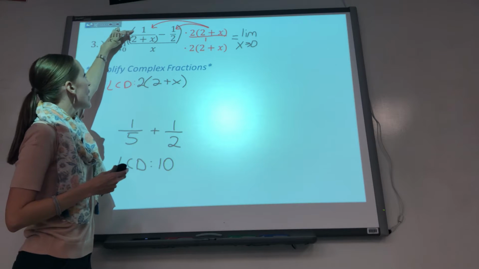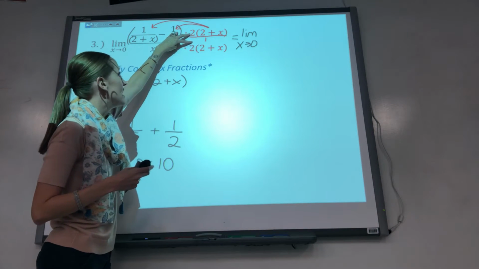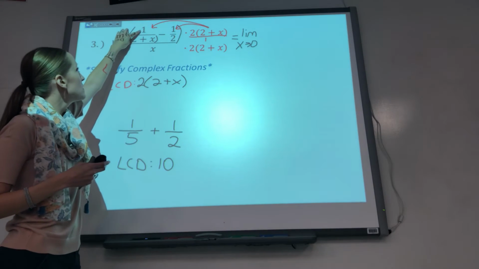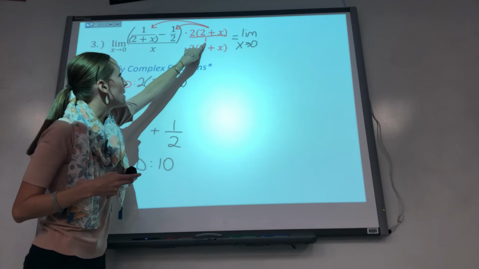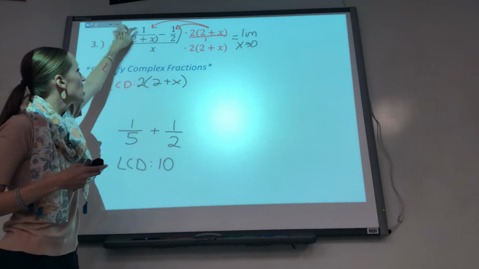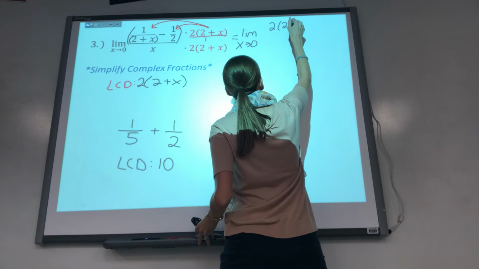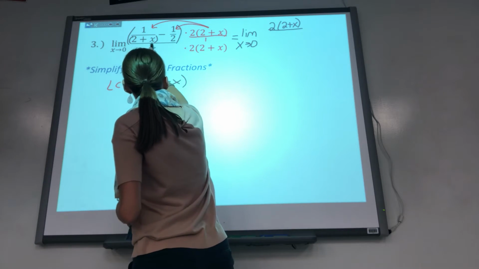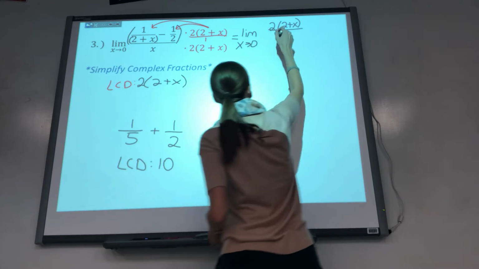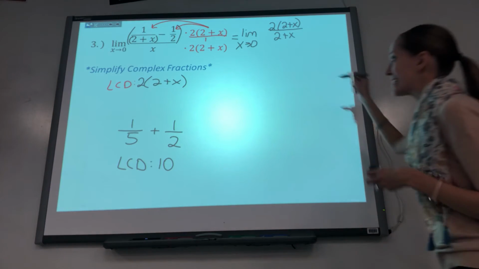So this fraction times that fraction, you can just multiply across the top and across the bottom. So it's going to turn into 2 times 2 plus x all over 2 plus x times 1. That's just 2 plus x.